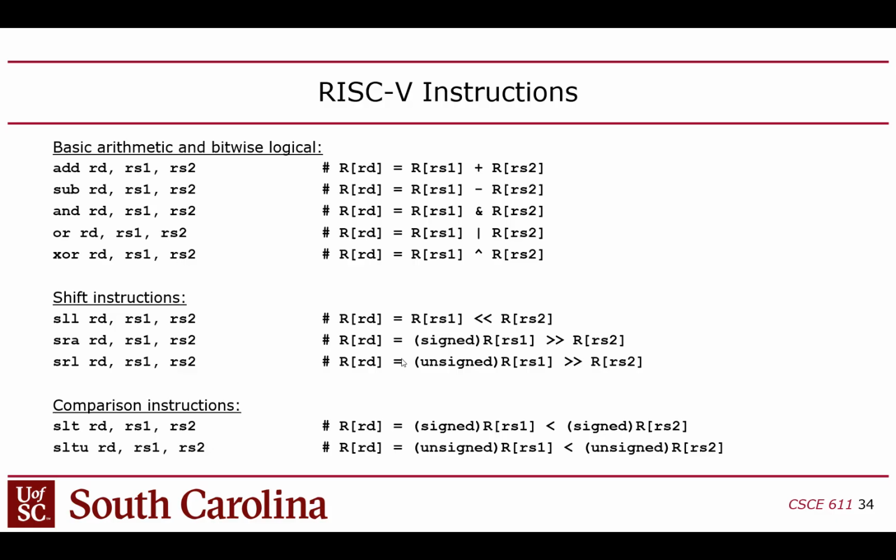And then and, or, and XOR are bitwise logicals. You guys know what that is? That's when you treat the two operand registers as an array of bits, and then you perform an operation between each corresponding pair of bits in the two registers, right? So there's two 32-bit registers, and you do 32 logical operations on each pair of bits.